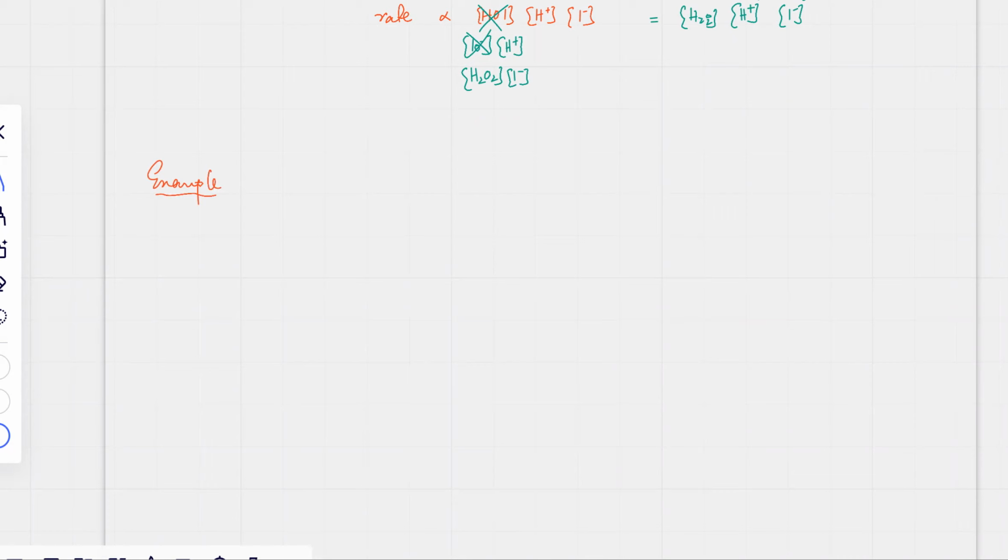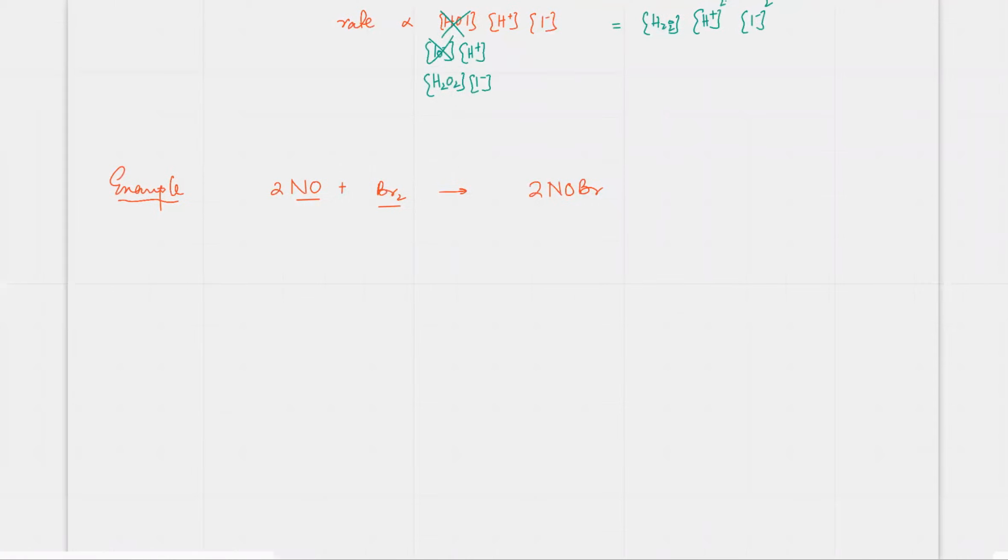So I've got this reaction where NO is reacting with, let's say, Br2, 2NO, and they react together to form 2NOBr. Now there are 2 reactants involved. There's Br2, and at the same time there's NO as well. So you have 2 reactants that are involved.